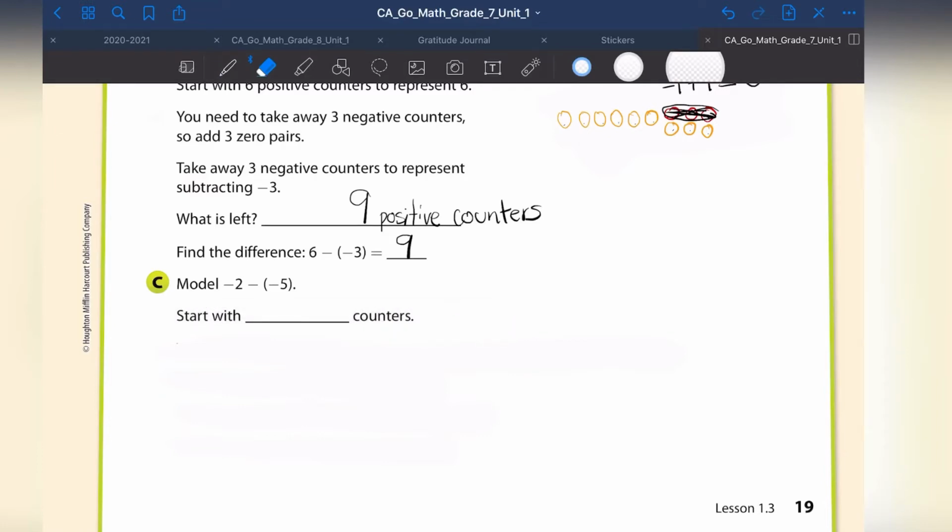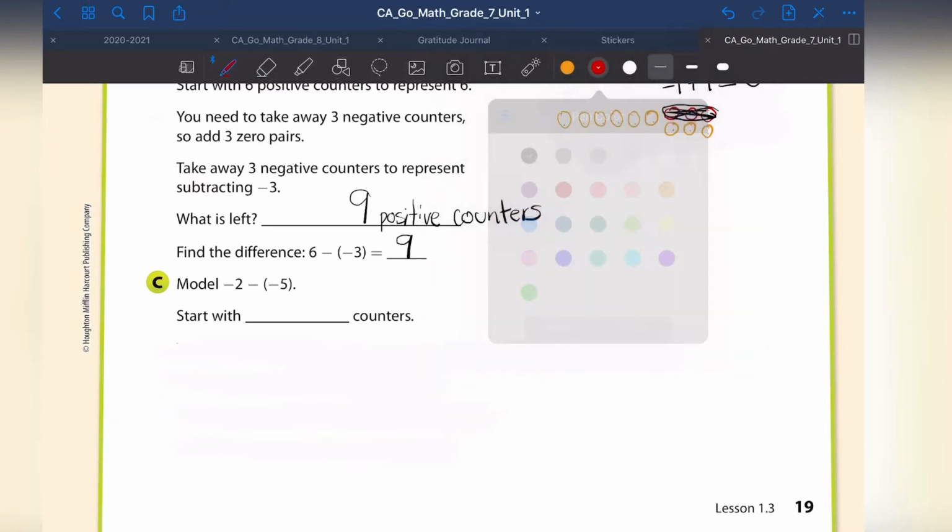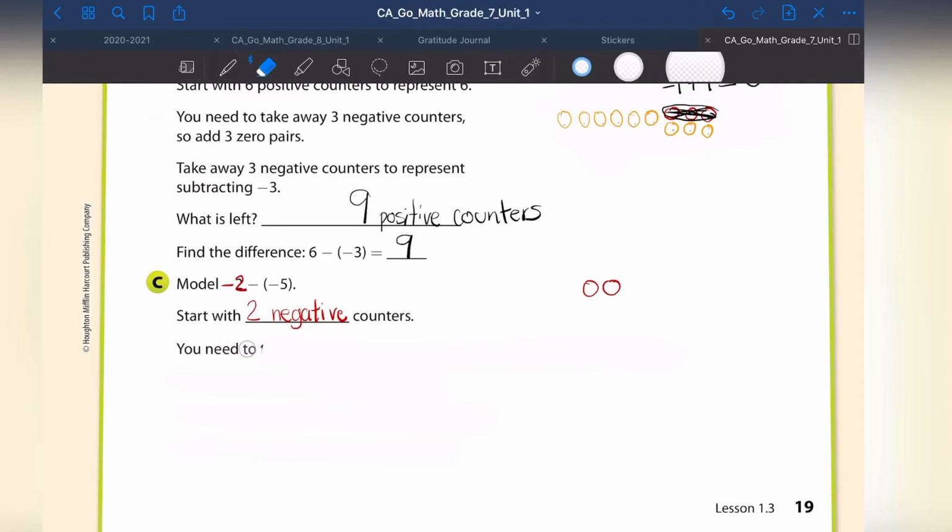Start with 2 negative counters. 2 negative, and I got this from here. Okay, so 1, 2. You need to take away blank counters. We need to take away 5 negative.